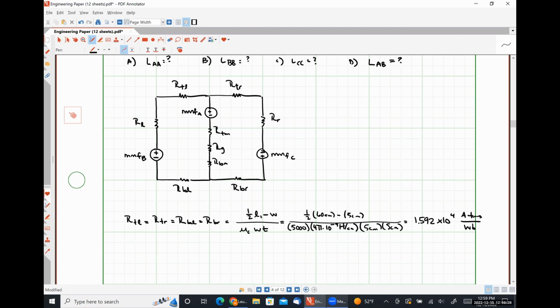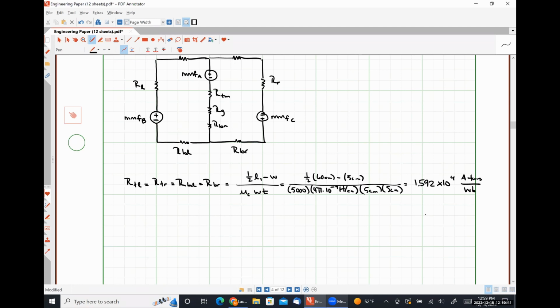For these next ones, I would like to not substitute in the numbers just because it takes time to write that down, and we've done these calculations so many times at this point. I don't think you need to see it 7 times right now. So RL will be equal to RR.